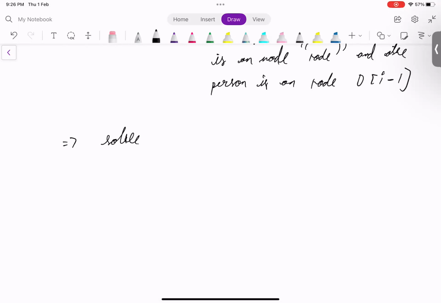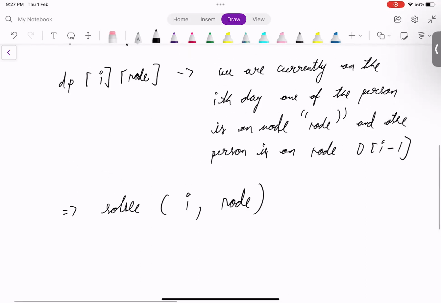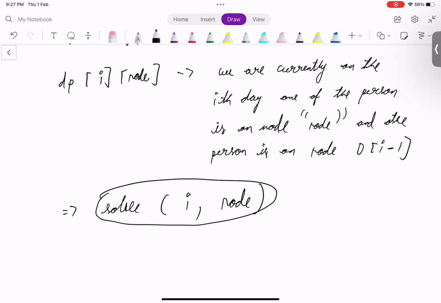Initially, let's say solve is the recursive function. Solve will take two parameters, that is I and node. And we are using DP to memorize the values of solve, right?